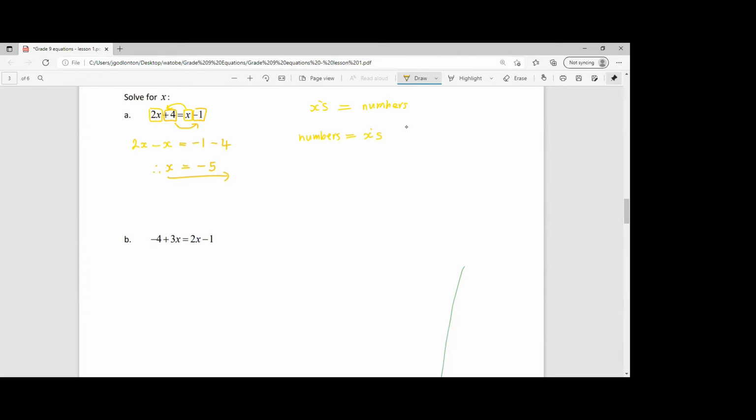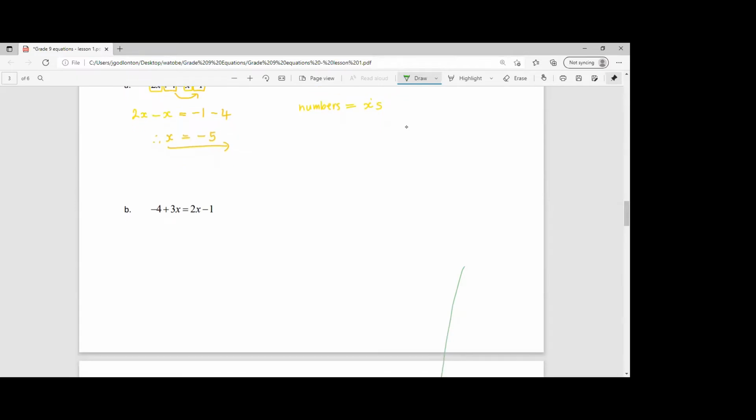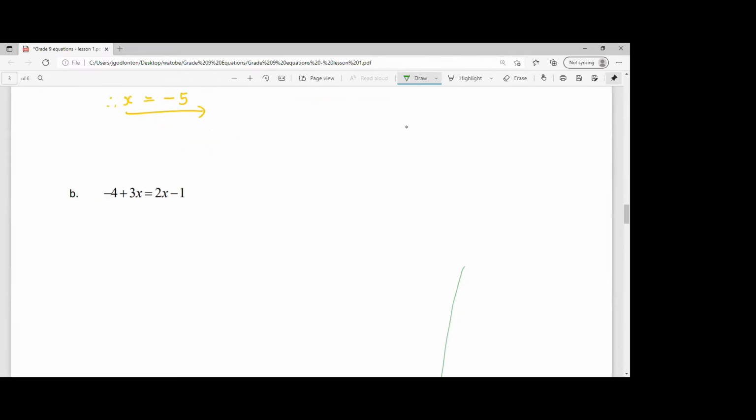Ma'am, I got the answer. Okay, B. All right. Talk me through what you did for B. Okay, so I took 3x and I took it to the other side, so it equals 2x minus 3x. Okay, so 2x minus 3x.